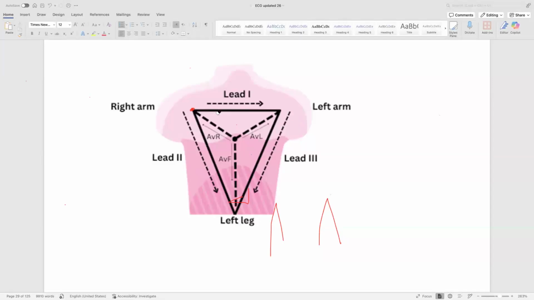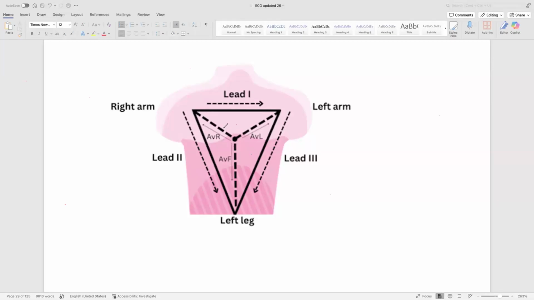If you are doing the leads, lead 1 is between the 2 arms, lead 2 between the right arm and the left leg, and lead 3 between the left arm and the left leg. That is why we are not talking about lead 3. Why are we not concentrating on the axis for lead 3? Because lead 3 usually is in between.